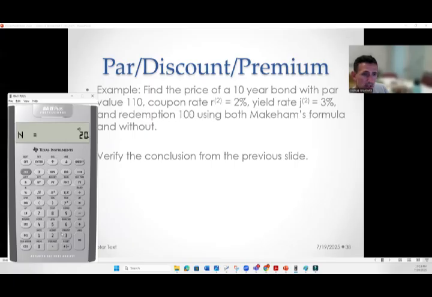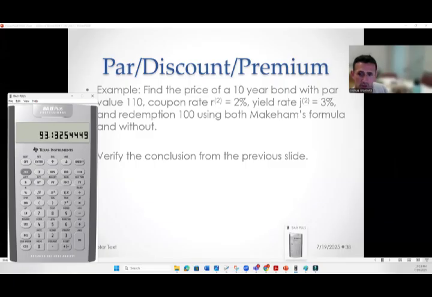My yield rate is 3% over 2. Compute present value. And now all I do is discount 100 by 20 periods at 1.5%.